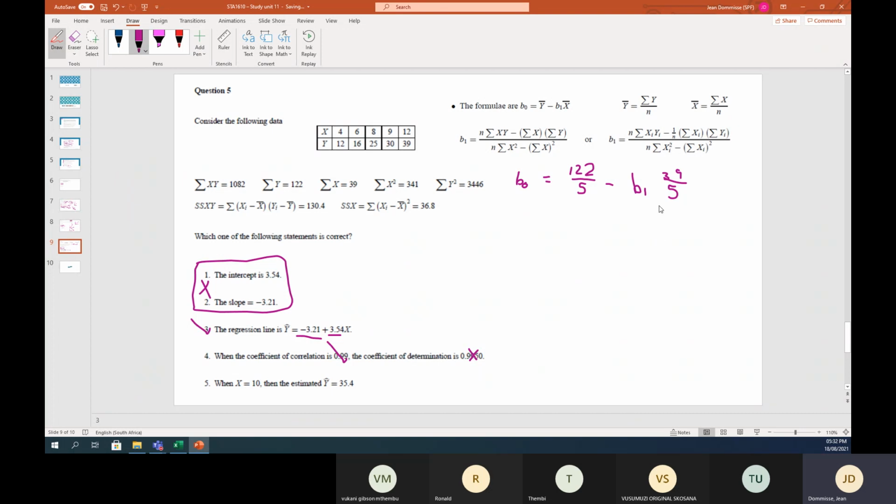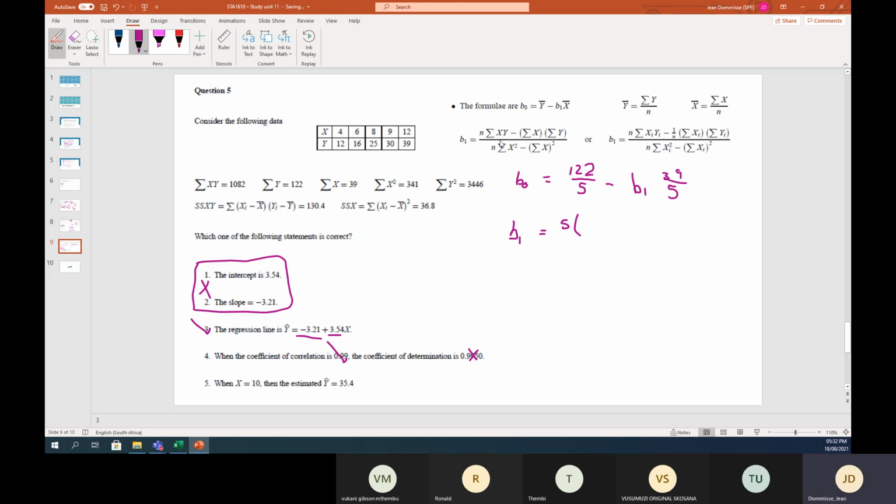Okay, so we still need to work out B1. So let's see if we can work out B1, and then whatever B1 is, we put it back into that equation. We've got n, which is 5.